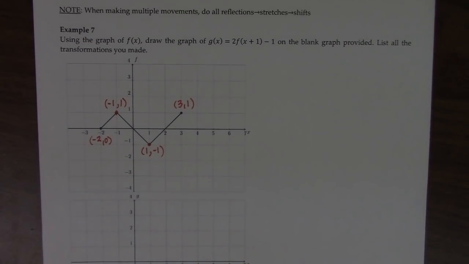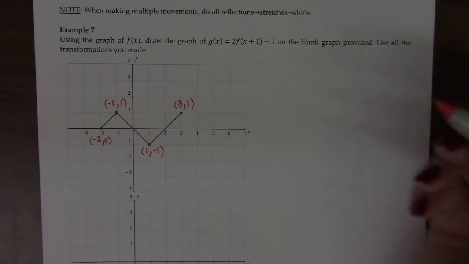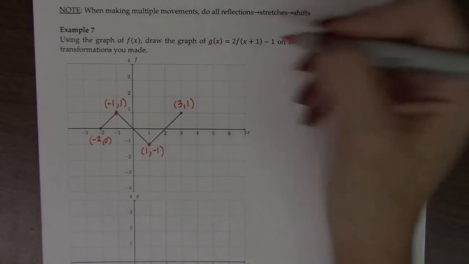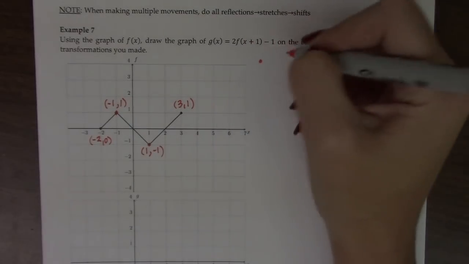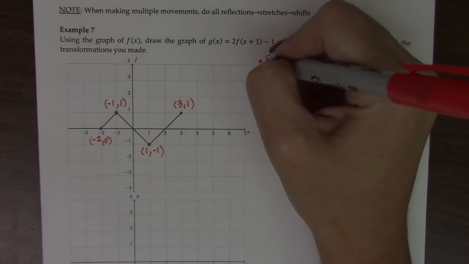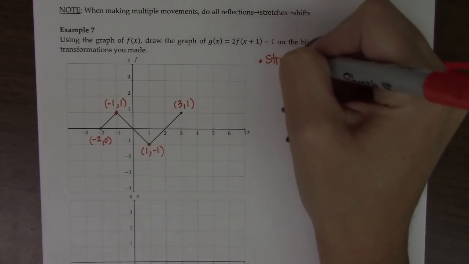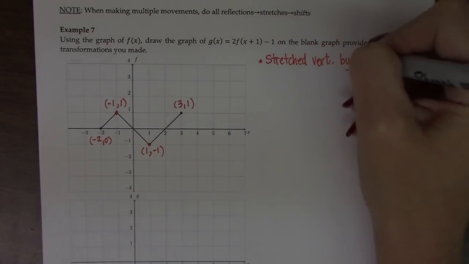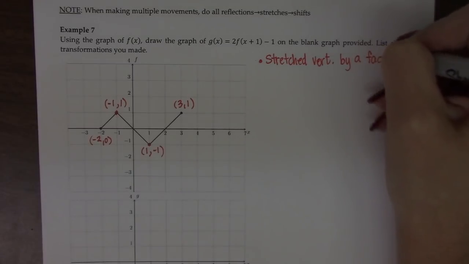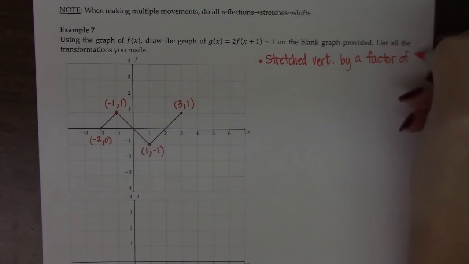So if I look at my equation here, what's happening is there's a 2 on the outside. So the first thing I see happening here is this graph is stretched vertically by a factor of 2.